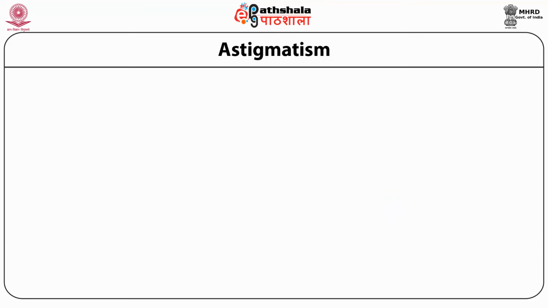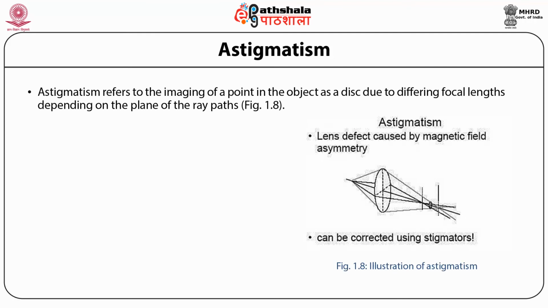Now, astigmatism. Astigmatism refers to the imaging of a point in the object as a disc due to differing focal lengths depending on the plane of the ray paths. Refer to figure 1.8.